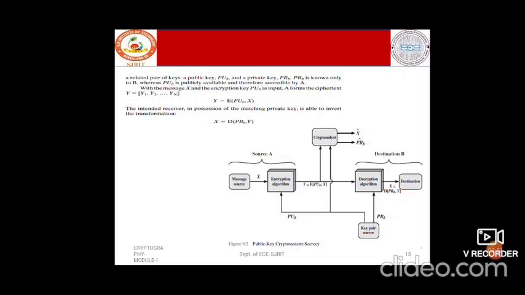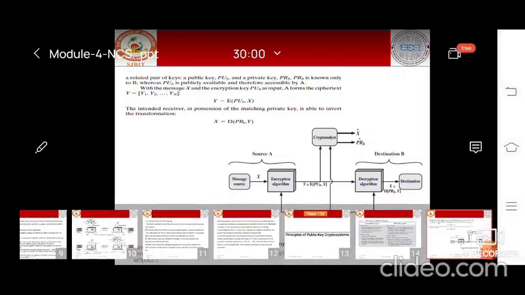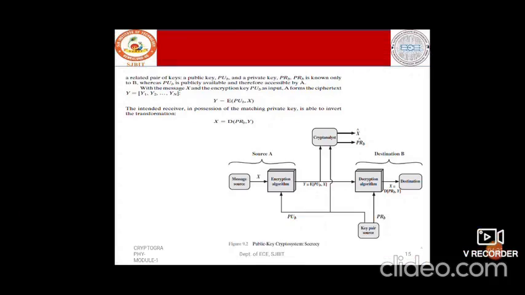So here we can see public key cryptosystem secrecy. An adversary observing Y and having access to PUB, but not having access to PRB or X, must attempt to recover X and or PRB. It is assumed that the adversary does have knowledge of the encryption algorithm E and decryption algorithm D. If the adversary is interested only in this particular message, then the focus of effort is to recover X by generating a plain text estimate X cap.